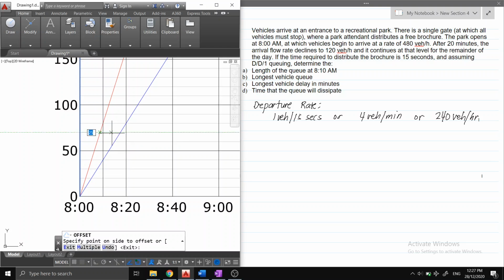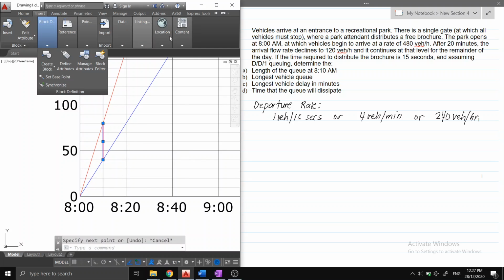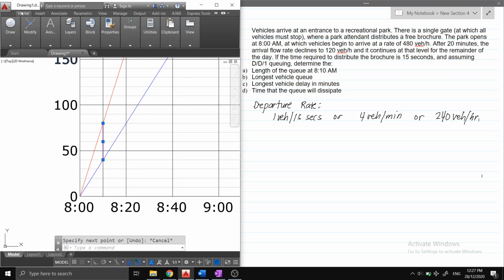Makikita nyo na by 8:10, meron tayong 80 vehicles na nag-arrive and meron tayong 40 vehicles na nag-depart. So, pwede nyo siyang i-solve na lang ng 80 minus 40. So, that is equal to 40 vehicles.